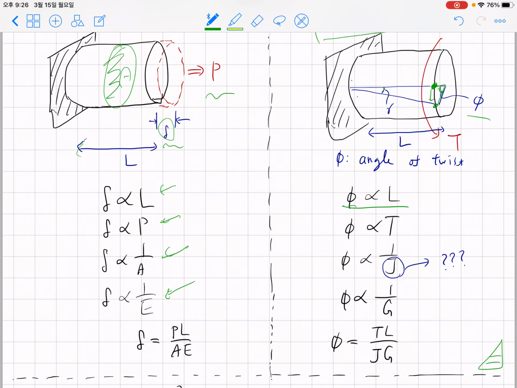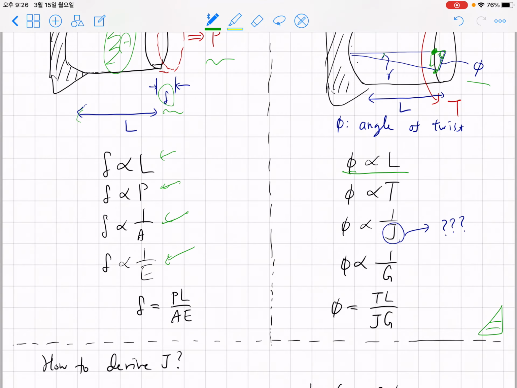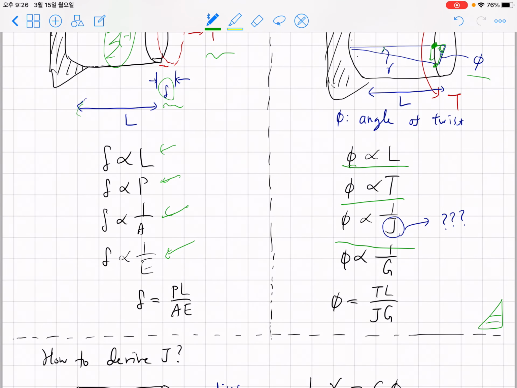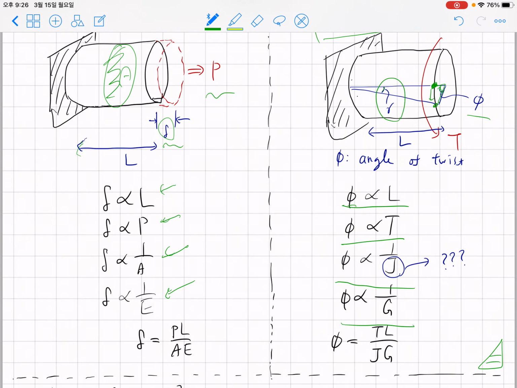We'll see that it is proportional to the length L and to the torsion T, which is torque about the rotating axis. It will be inversely proportional to the polar moment of inertia J, a geometrical factor, and inversely proportional to the shear modulus G, because we are considering shear strain.